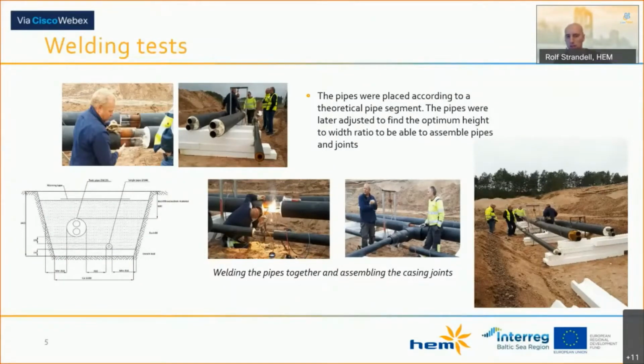And we realized that we actually did need a little bit more space for everything to work. With this welding test we did quite early, we realized that we had to recalculate the whole area to make the pipes fit.